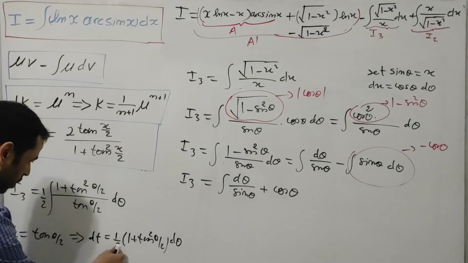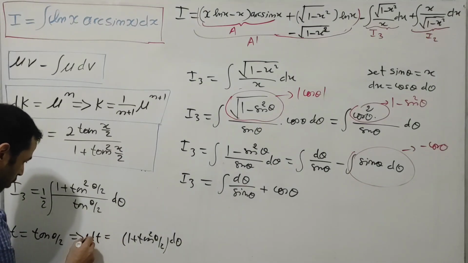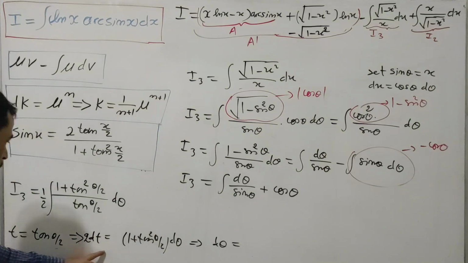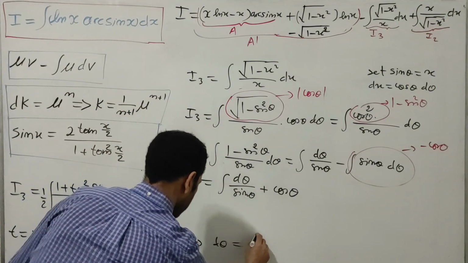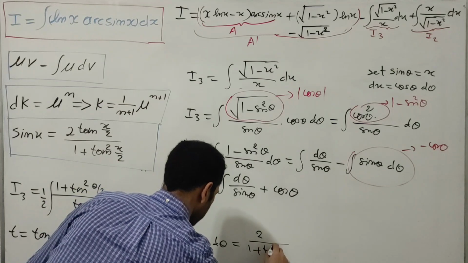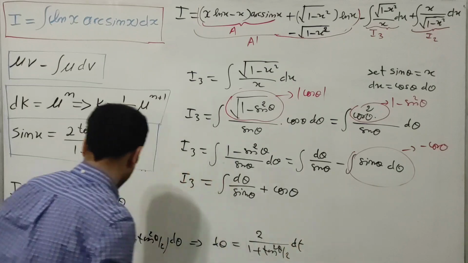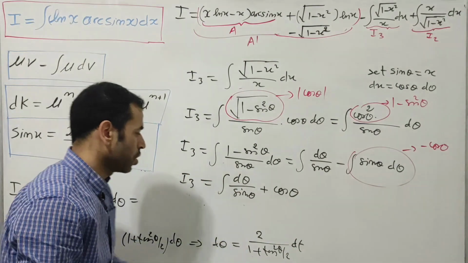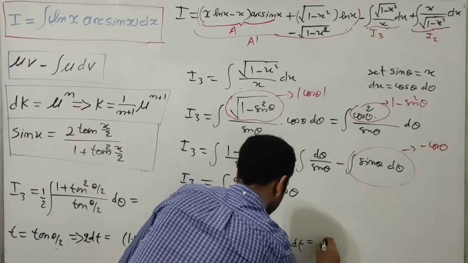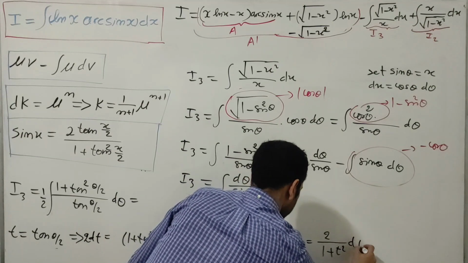So by multiplying both sides by number 2, we'll have d theta equals 2 divided by 1 plus tangent square theta over 2 dt. Replacing tangent theta over 2 with t, I will have 2 divided by 1 plus t square dt.